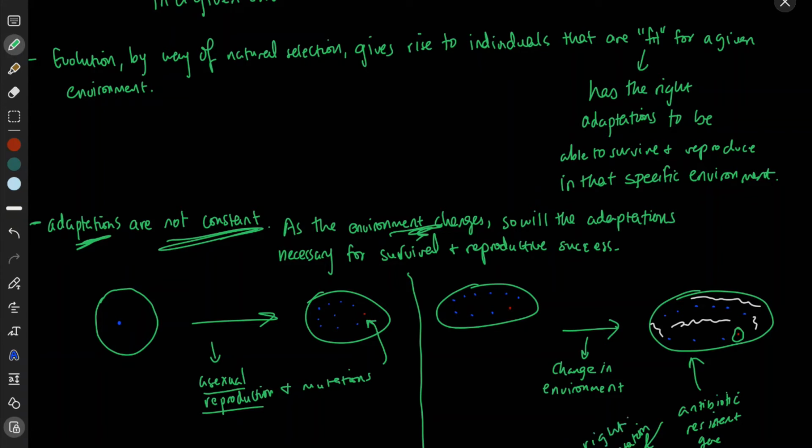And the reason it's the right adaptation is because we've introduced antibiotics right here, right? So we've changed the environment by adding the antibiotics, and because of that, the adaptations necessary to survive will also have to be different. And in this case, in this environment here, it's the antibiotic resistant gene.